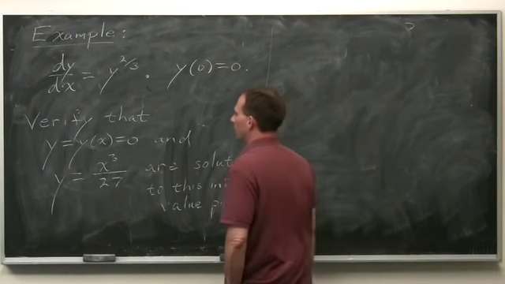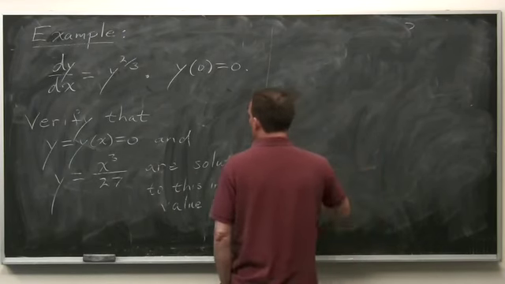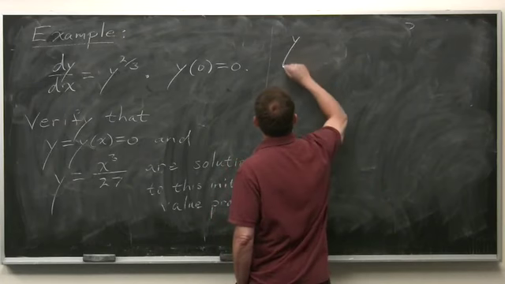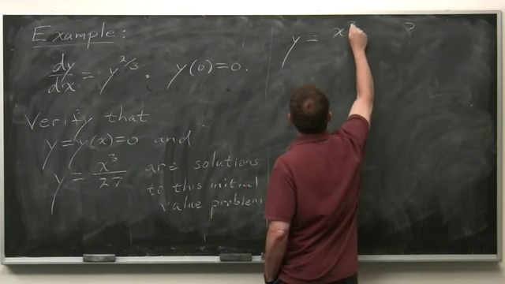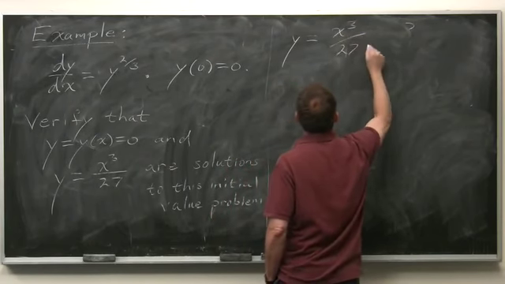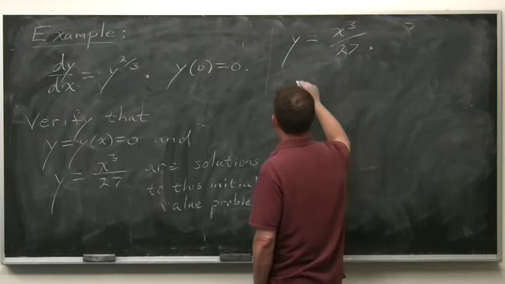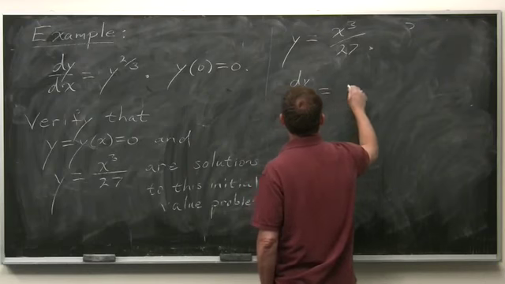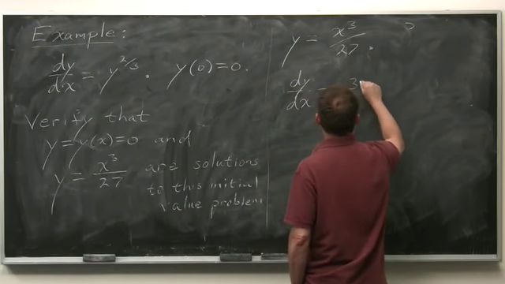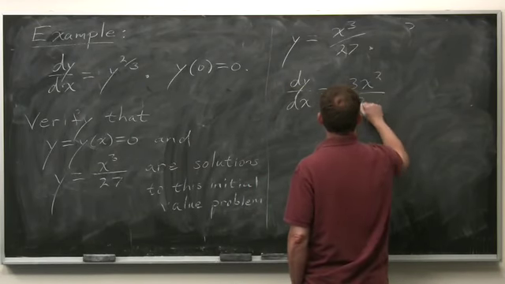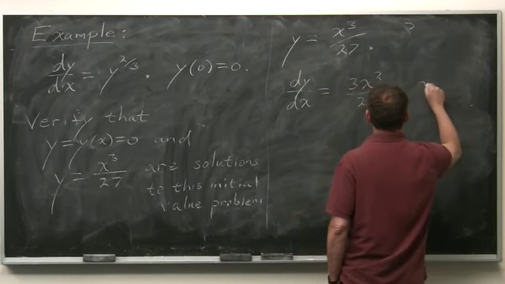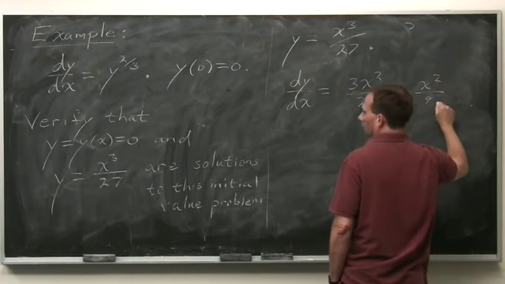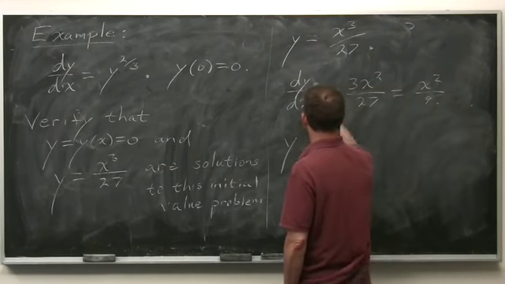What about y equals x cubed over 27? Well, we have to check. Suppose y is x cubed over 27. Then dy dx, the derivative of y with respect to x, is 3x squared over 27. That's x squared over 9. What's y to the 2/3 if y is this?